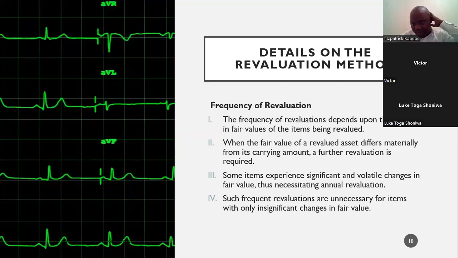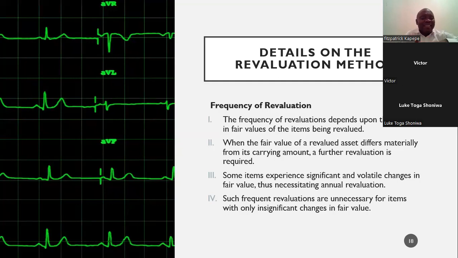But where the fair value of a revalued asset differs substantially from its carrying amount, there's some materiality there. Then further revaluation is required because at any given time, the carrying amount and the revalued amount, the fair value, must be almost close.